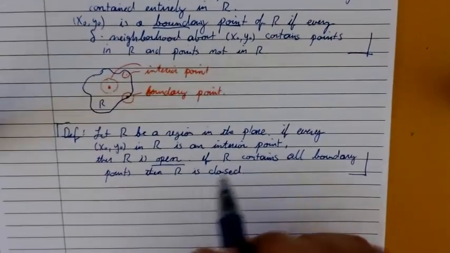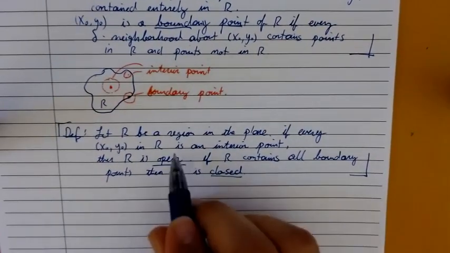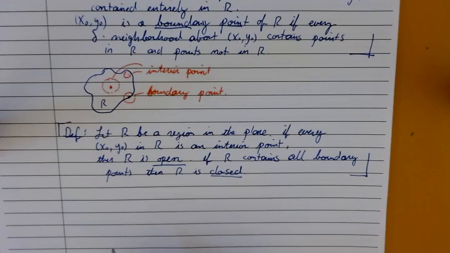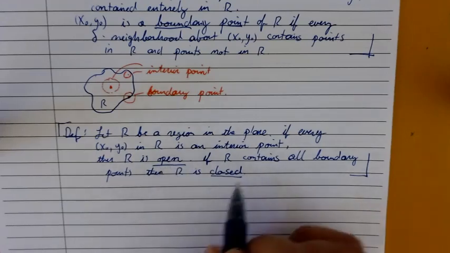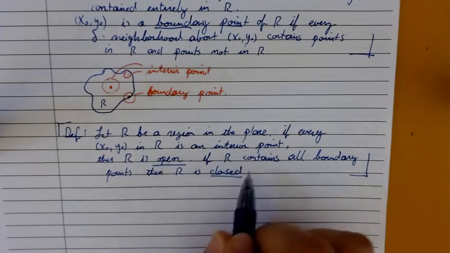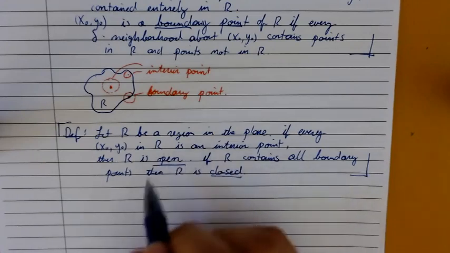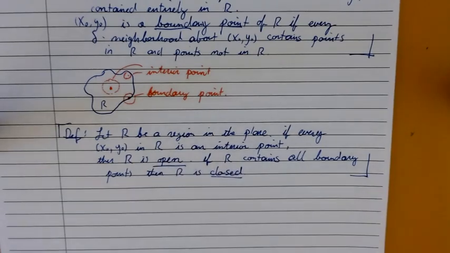One important note, these are not opposites of each other. Just because something is not open does not make it closed. Just because something is not closed doesn't make it open. You have some things that are neither open nor closed. And, although we don't discuss them in this course, there are some exotic spaces which are both open and closed. They're a bit strange.